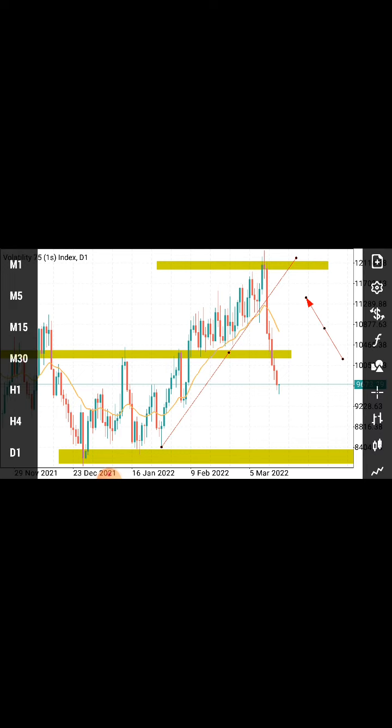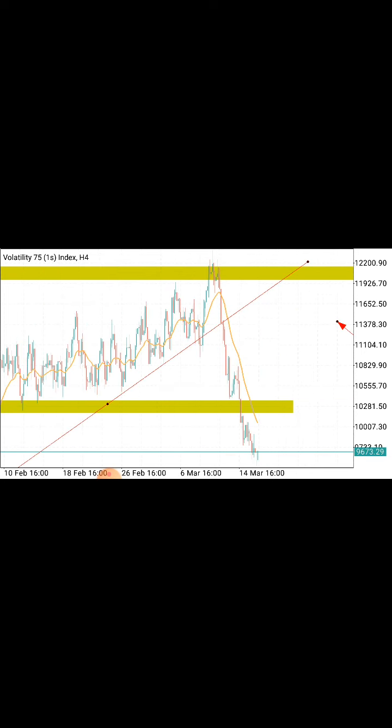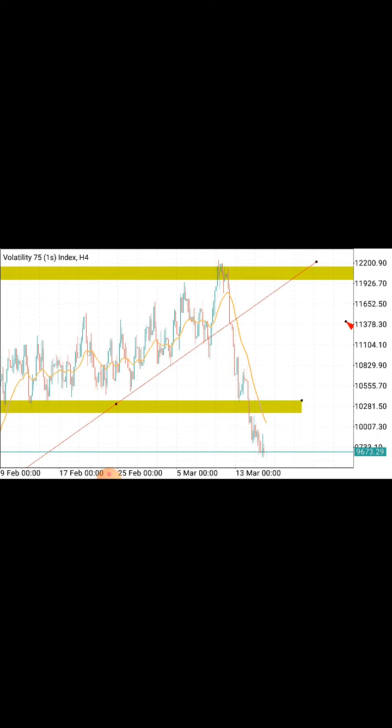So we take our chart into a lower time frame, like 4 hours, trying to see further information. If you remember, I said as the market broke out, it started respecting this trend line.